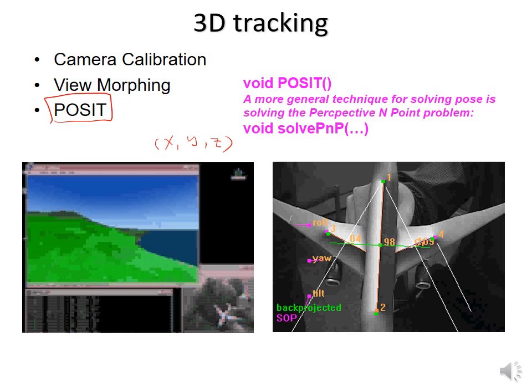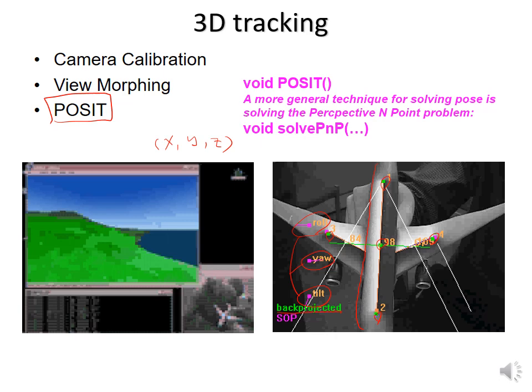So this is a model of an airplane, and they estimate the roll, yaw, tilt, the pose of this airplane, and the green dots are back projected based on the estimated transformation information.